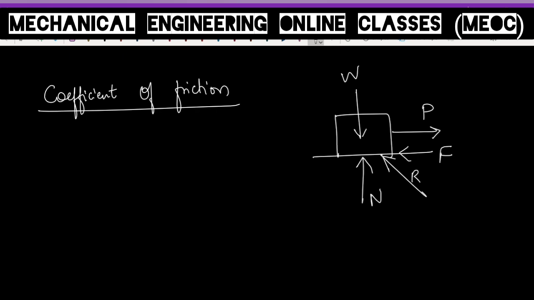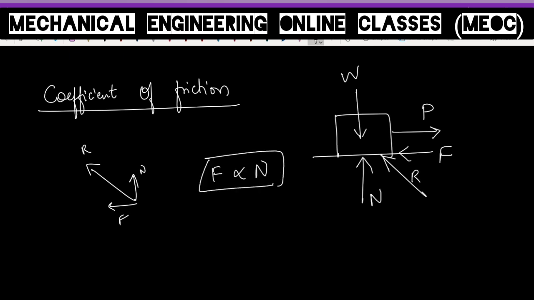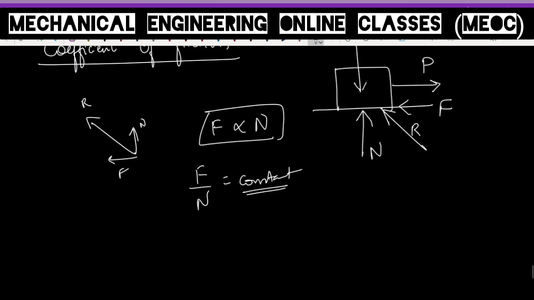As the resultant is increasing, our values of F and N increase, and vice versa. If R is coming down, F and N are also coming down. So F is directly proportional to N. The frictional force is directly proportional to the normal reaction, or otherwise F by N is a constant. It is a proportionality constant, called the coefficient of friction. Mu is F by N.